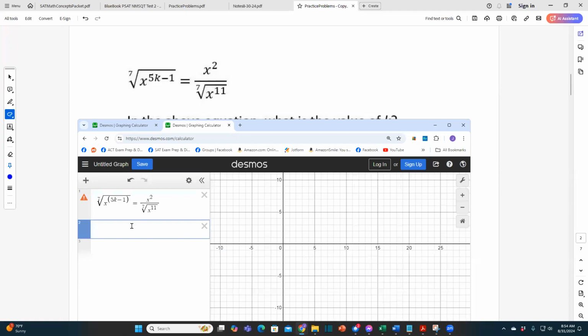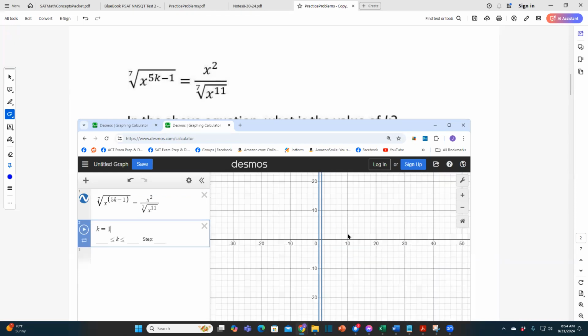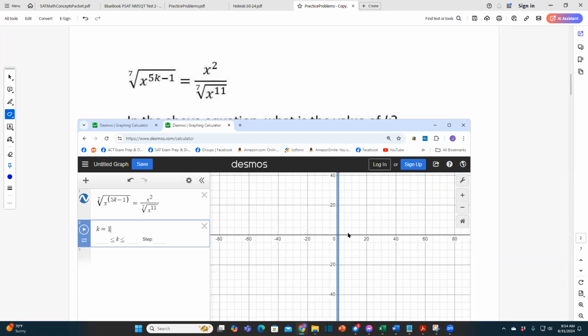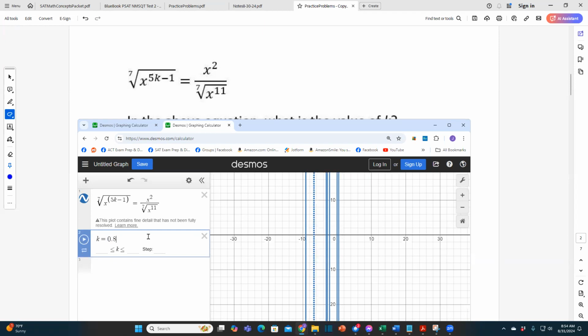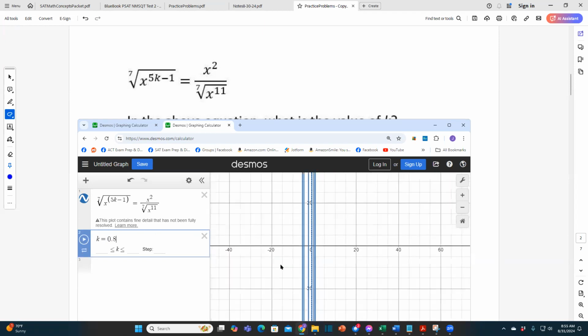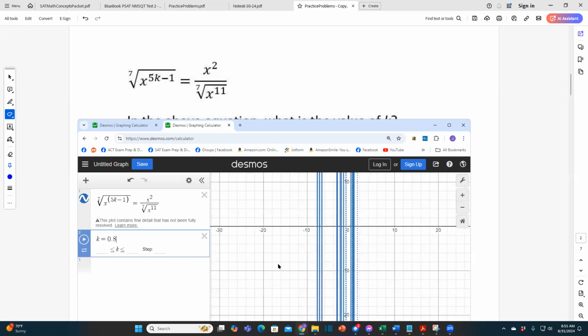So let's do k to 1. Get these lines. You know, the correct answer was 0.8. Let's see what it will look like. Yeah, it doesn't look like that. So again, the best choice is to plug in a value for x and do regression to solve for the k value.